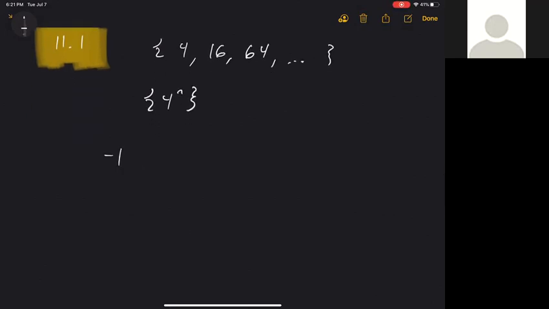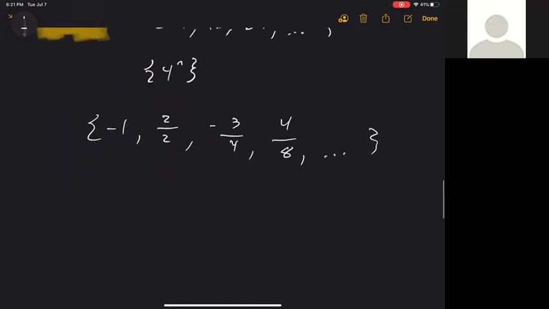You should also know how to deal with alternating terms. So if I have a sequence like -1, positive 2/2, -3/4, positive 4/8, and so on. Maybe you say, hey, I've got an alternating sign, right?